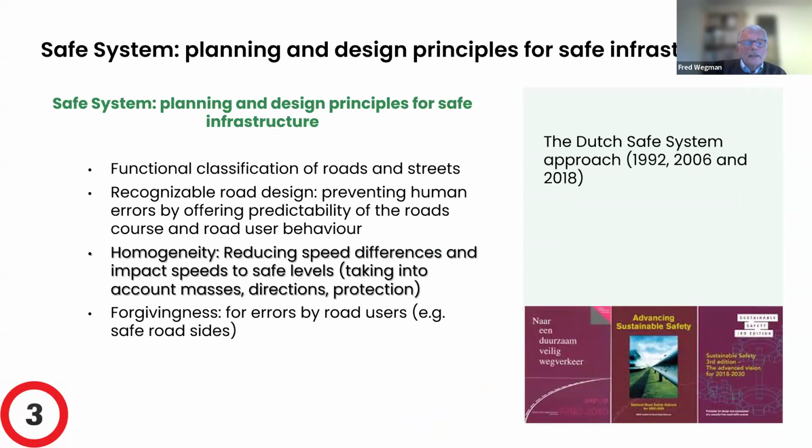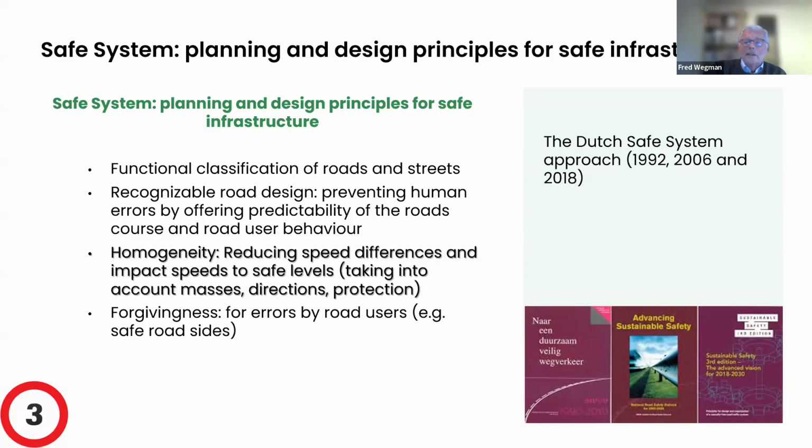I talked about safe system planning and design. And here I listed for you the design principles for the infrastructure as we developed that in the Netherlands, in my own country. And we did that by these three books over the years. And you can see that the functional classification is the first one.